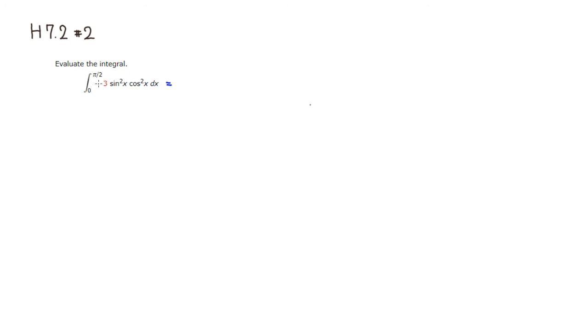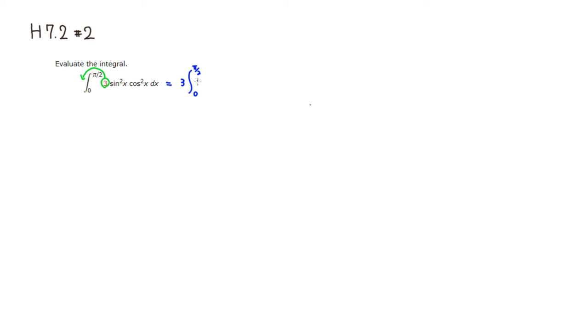First, 3 is just a constant, so I'm going to place it in front of the integral. So that's going to be 3, and we have an integral from 0 to pi over 2.